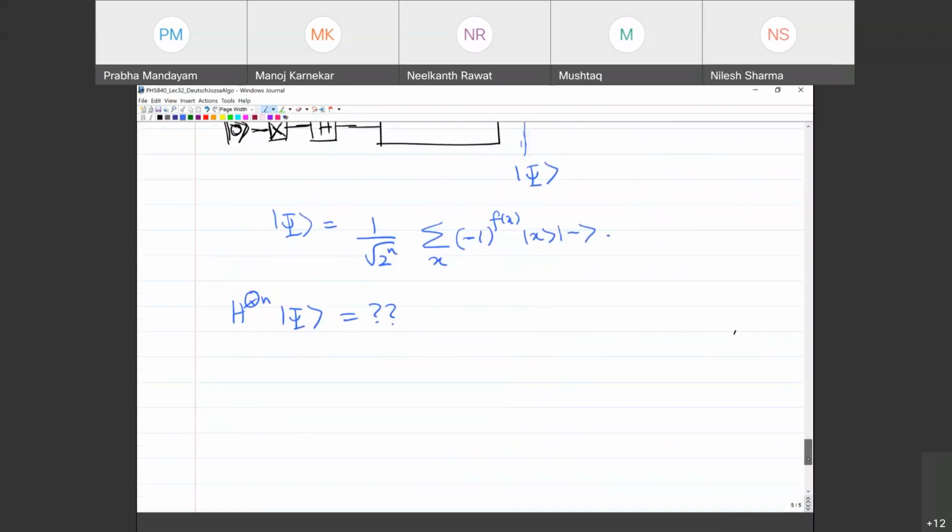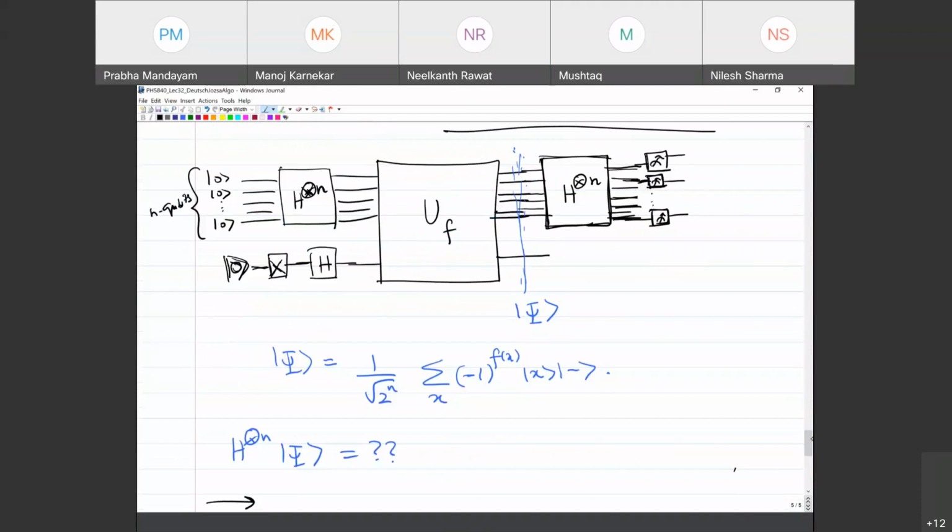I'll just complete by saying that, because I have now 2 to the n possible outcomes, the question becomes, do I really need to measure multiple times? Which means I will have to query multiple times, measure multiple times to get the answer. But that's not the case.